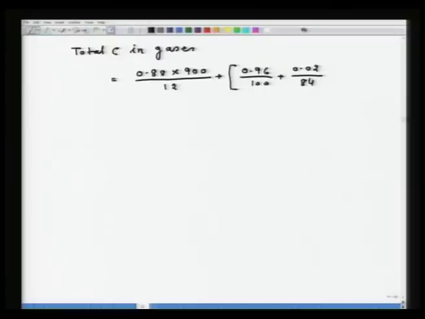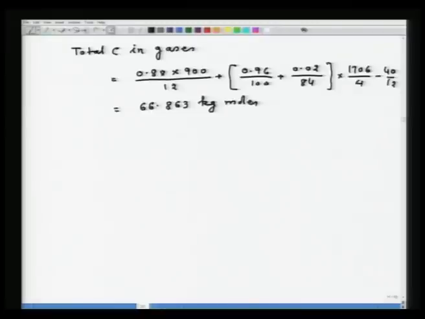This is carbon from CaCO3 and from MgCO3, into 1706 upon 4, and minus 40 upon 12, that is carbon in pig iron. So, the total carbon in gases comes around 66.863 kg moles. Now, the CO-CO2 ratio is given as 2:1.